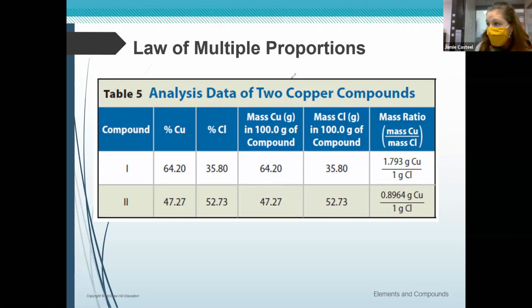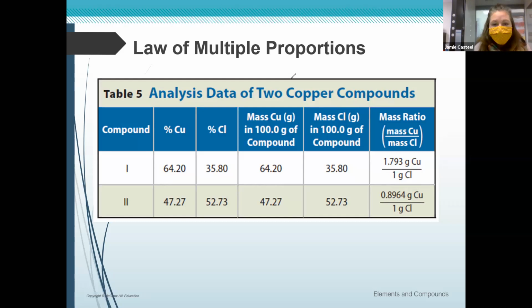Do you see the different bars there? 2-to-1 ratio. Compound 2, it's more like what? What's that ratio of copper to chlorine? It's more 1-to-1, okay? So that tells me that they are 2 different compounds. If the ratio varies that much, they're 2 completely different compounds. And we'll go over how you know that later on.